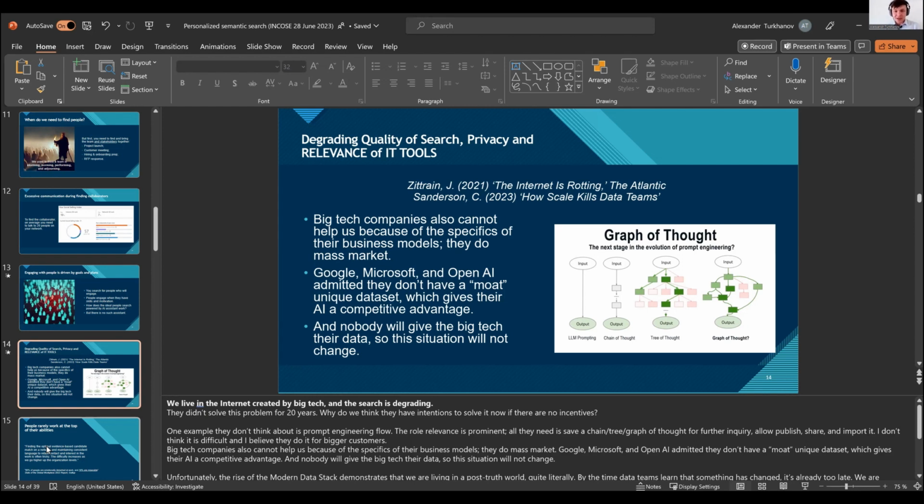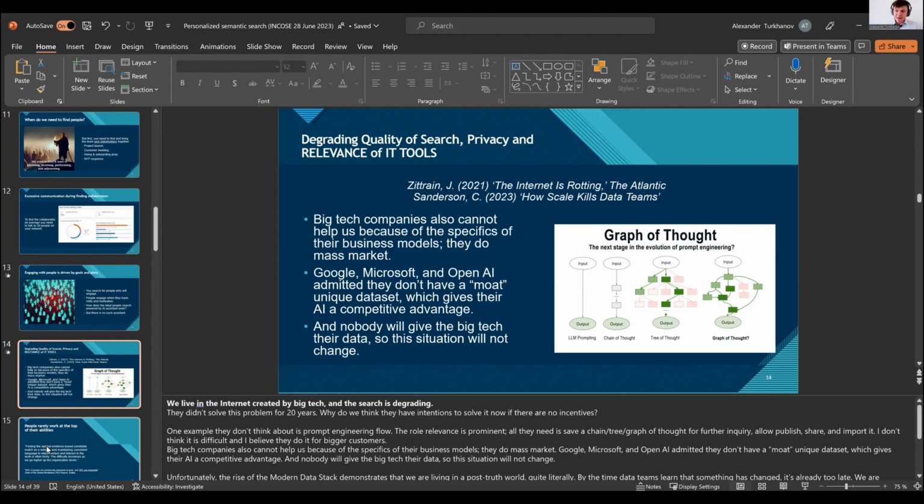These are two big articles, meta research, but they contain links to the actual scientific research. Zittrain and Sanderson bring this point very clearly, that the quality of search is degrading. And the companies that were not caring about the quality of search for 20 years, now will care? No, I don't believe it.